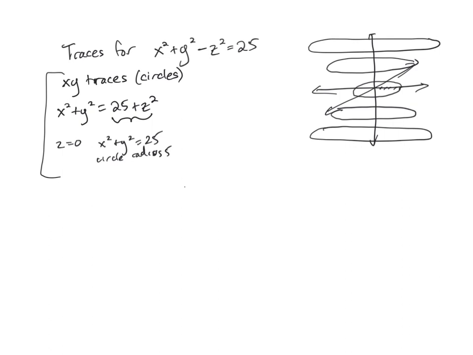Now, if we take a look at the YZ trace, we end up bringing the x over, similarly to what we did before, and now we can see that these will be hyperbolas. And we can see the same thing when it comes to the XZ trace.